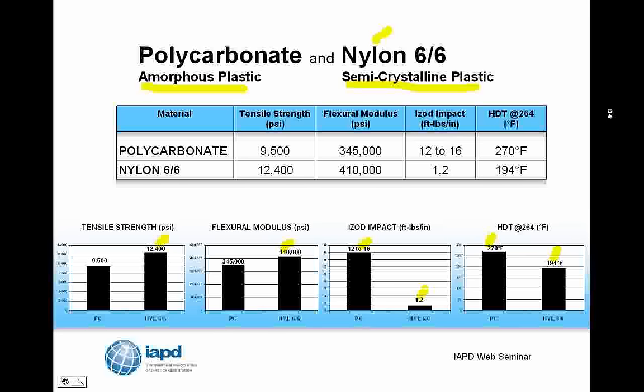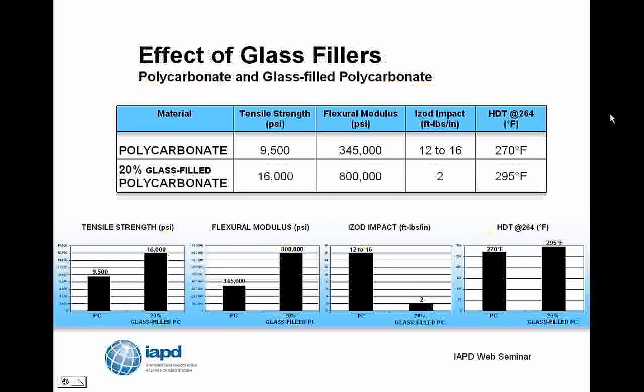I want to do just one more example for you, and it's this effect of glass fillers. You can take many plastic materials and add glass, whether it's chopped glass or woven glass or long fiber reinforced glass, and you can significantly change the properties. Now, I'm not saying that glass-filled are better or worse materials. They're simply different.